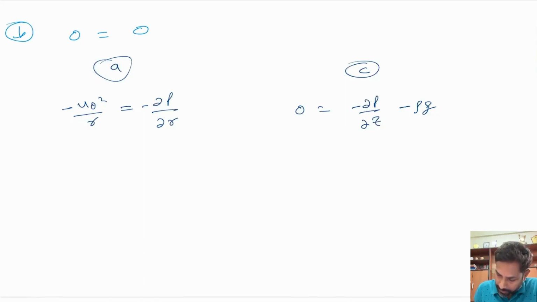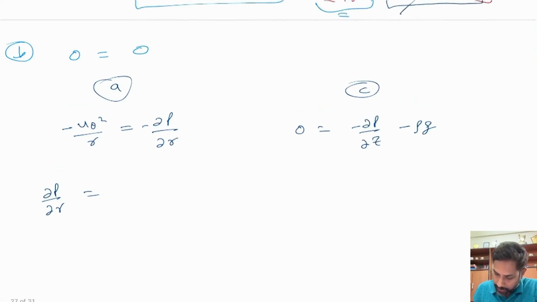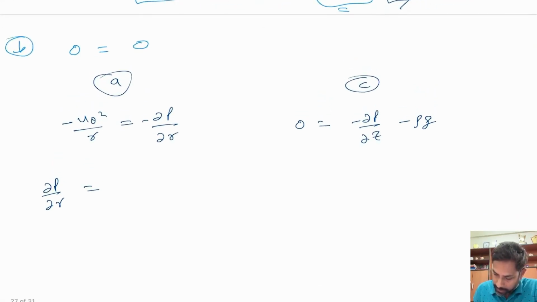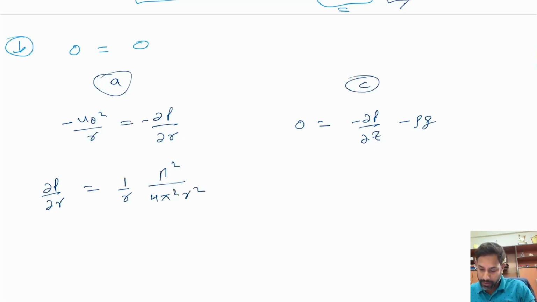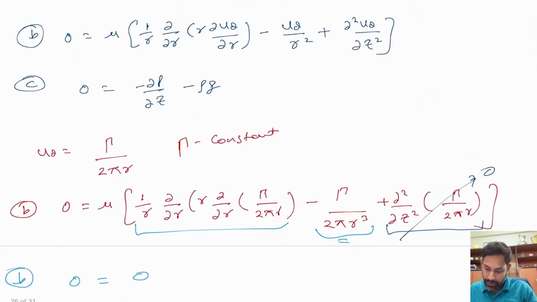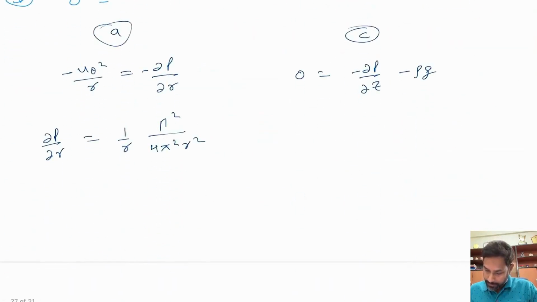So here we can try to find dp by dr as u theta square by r, where u theta can be written as 1 over r times gamma square over 4 pi square r square. That will be u theta if you replace u theta with this term, right? And now we can integrate it on both sides.